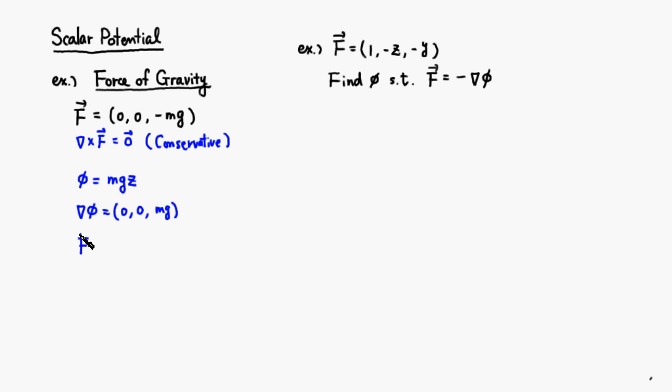So F is exactly the same as the negative of the gradient of the scalar potential.